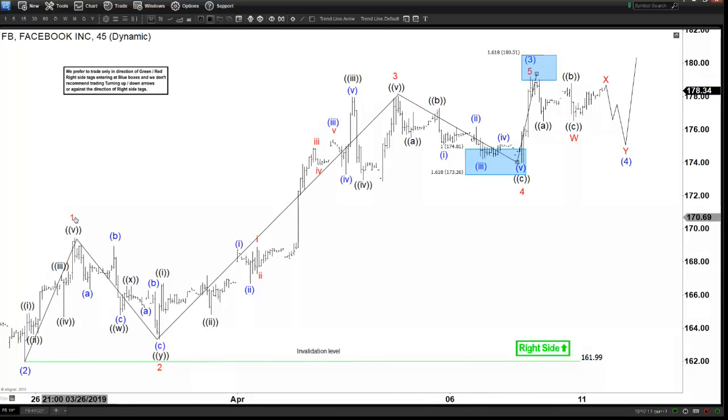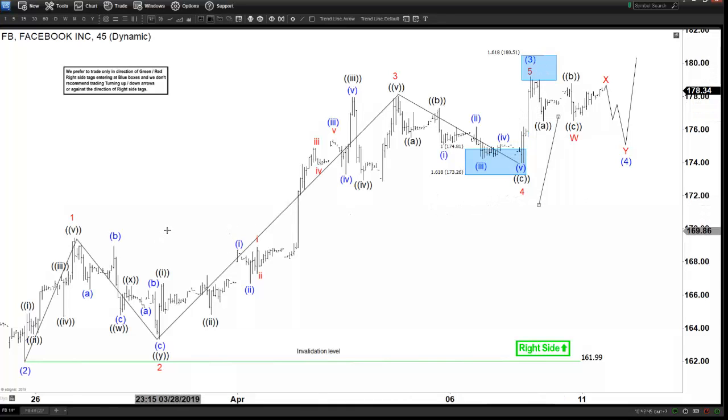So this wave 1 in red subdivides into 1, 2, 3, 4, 5 in black. Subdivision of wave 3 is also 1, 2, 3, 4, 5, right? And this one also looks impulsive. It's too short for us to label, otherwise it's going to be too crowded. But this one also is a 1, 2, 3, 4, 5.